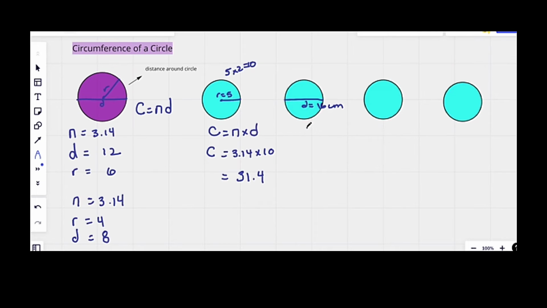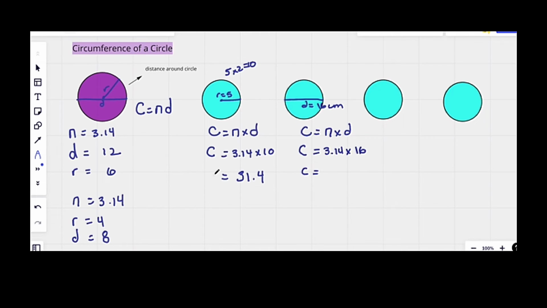And so we know our formula for circumference is C equals pi times d for diameter. Okay, so we've got our pi, which is 3.14, times our diameter. Do we have our diameter? Yeah, we actually got our diameter this time. We were given the number of 16. So now we can go ahead and multiply.